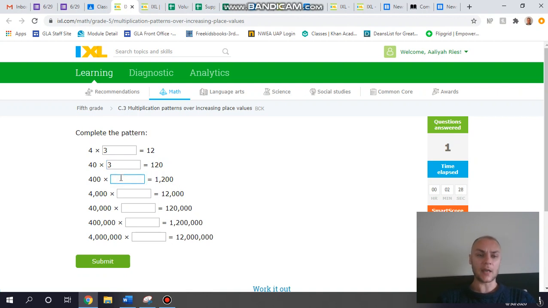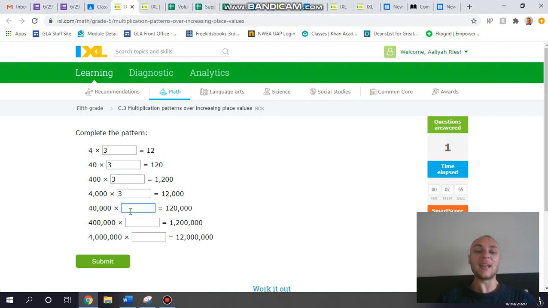It's going to be 3. All of the answers here are going to be 3. And that's because our other number that we're multiplying by has the zeros that our answers have. We need to make sure that when we're multiplying by a single digit and a double digit, that the amount of zeros stays the same as one of our digits. Does that make sense? I hope so.